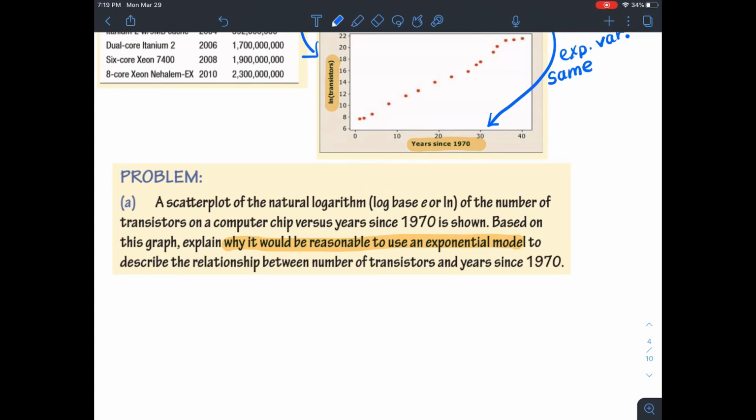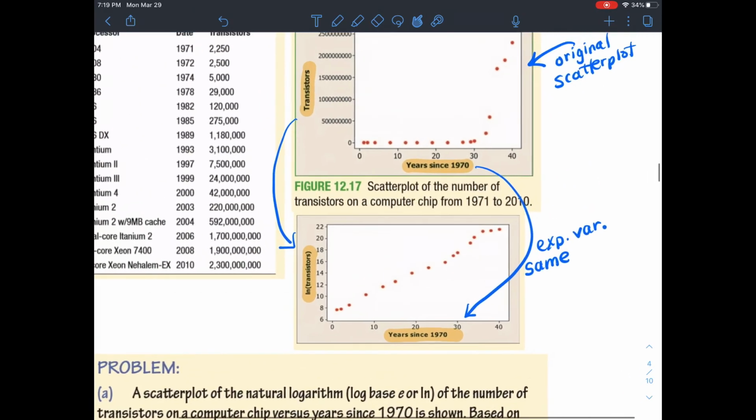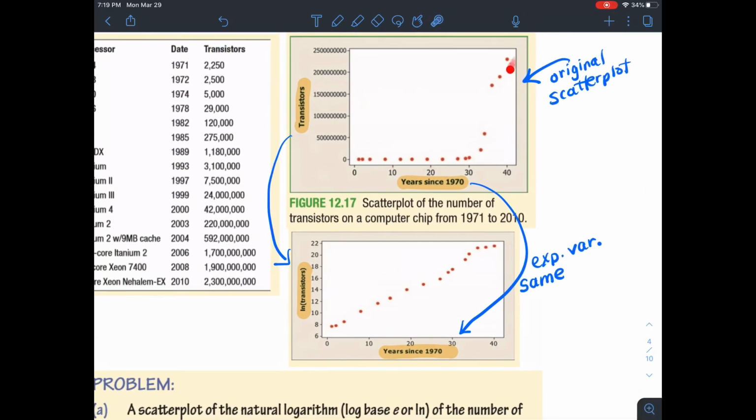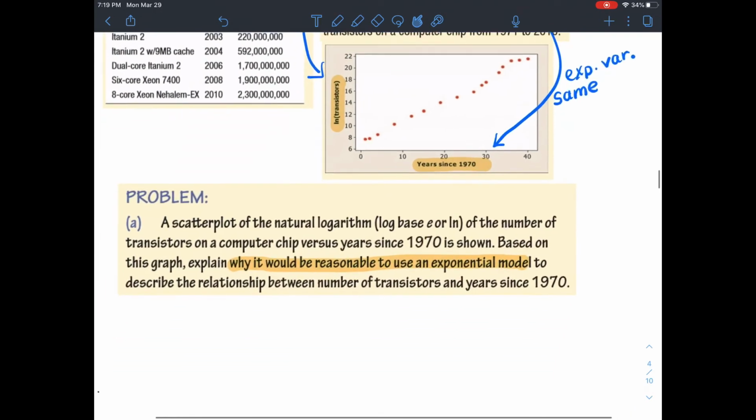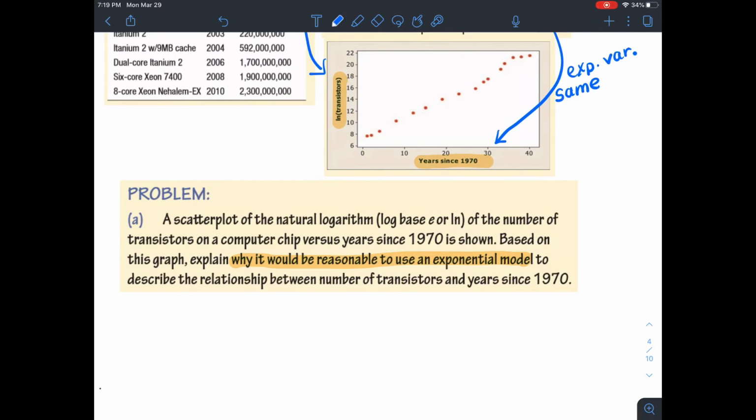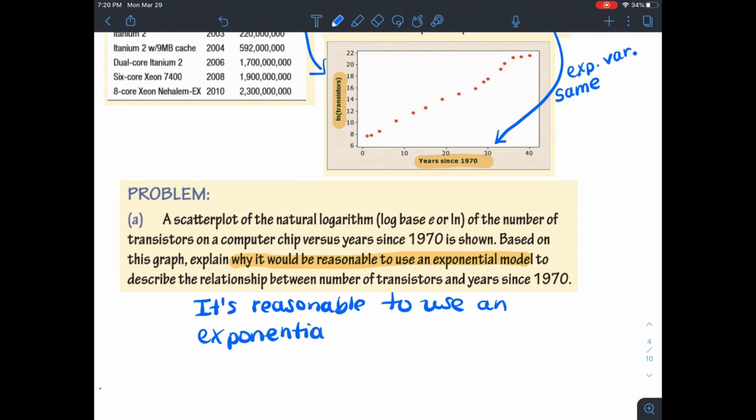So essentially, what this question is asking is, what was this original model? Was this exponential or was this a power model? Well, after we performed this transformation, we can say that it's actually reasonable to use an exponential model, meaning that's what the original data set was, an exponential model.